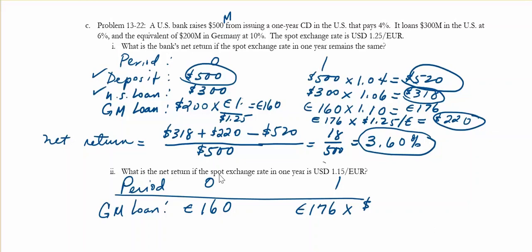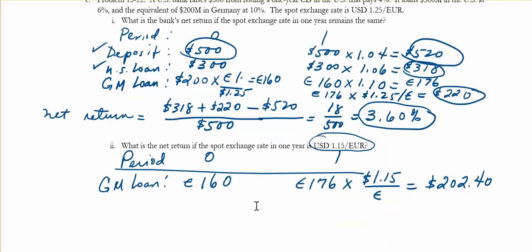So using this exchange rate, we'll find out how many dollars we'll have. So 176 times 1.15, and that would convert to about $202.4 million.